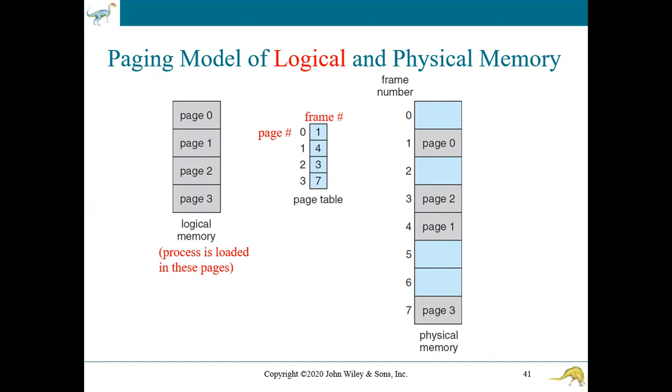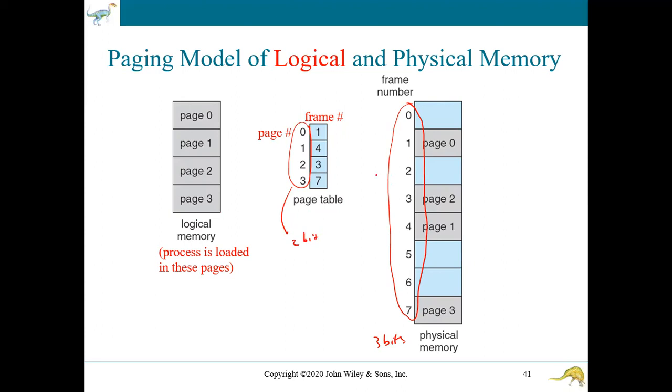So how many page frames do you have in the physical memory in this example? 8 frames. So 8 means how many bits do you require to represent 8? 3 bits. And how many pages do you have in your page table? 4. So how many bits do you require for the page number? 2 bits.